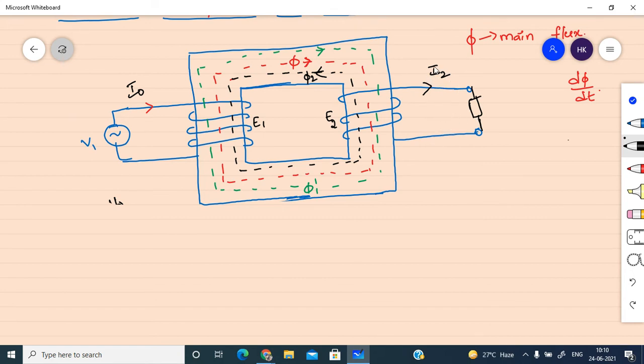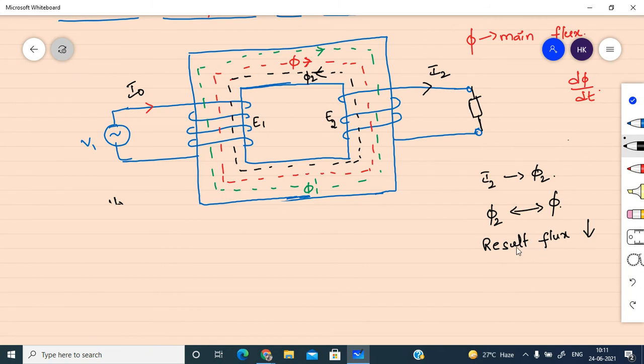So due to this I2 current, again flux will be produced, that is phi 2. And that flux phi 2 will be in opposition with the main flux. Therefore, the resultant flux gets reduced. Why? Because these two are in opposite. So if we have to take the difference of the two, the resultant flux gets reduced.